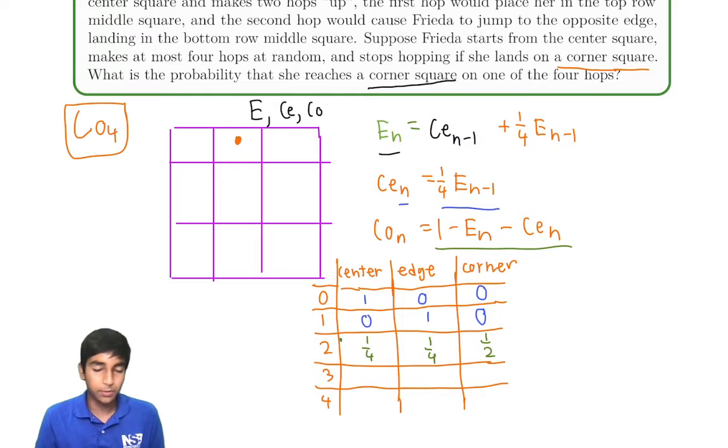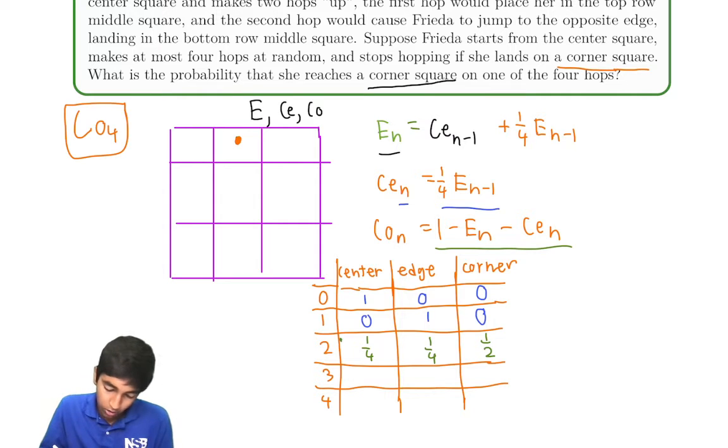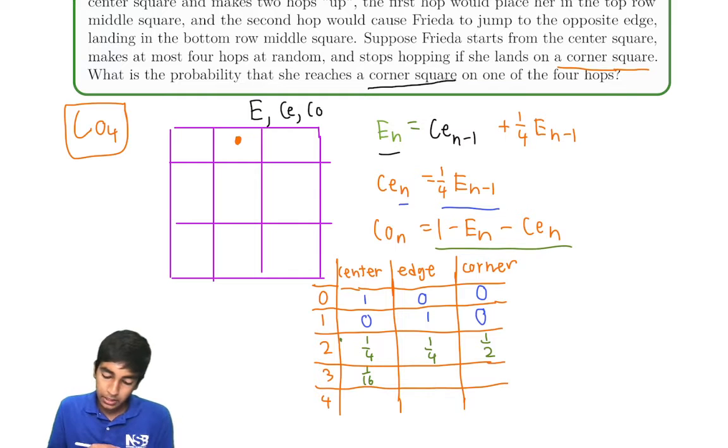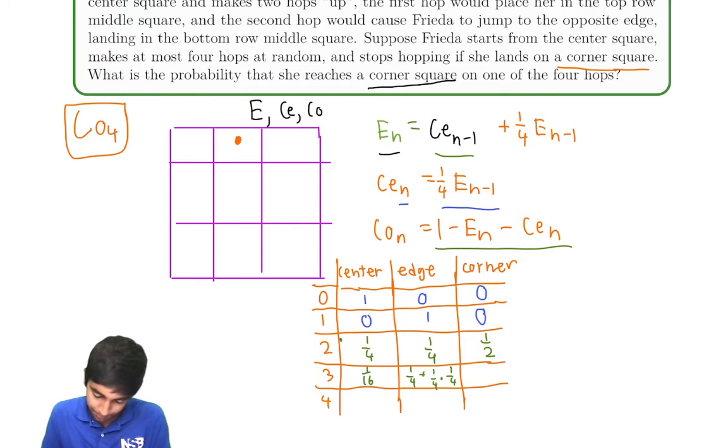Okay, after 3 moves, we're making progress. To be at a center after 3 moves, it's 1/4 the probability of being at an edge after 2 moves. So 1/16. And the probability of being on an edge after 3 moves is the probability of being on a center after 2 moves, 1/4, plus 1/4 times the probability of being on an edge after 2 moves, 1/4 as well.